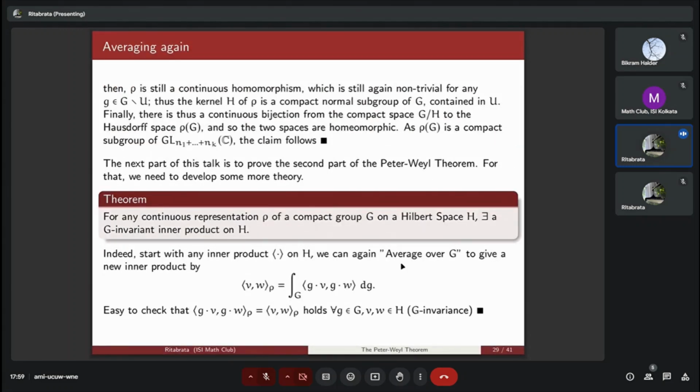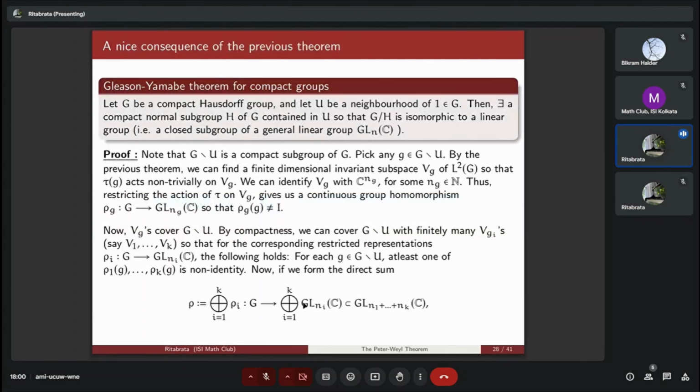Then this is still a continuous homomorphism, because the direct sum of continuous maps is clearly continuous, and it is again non-trivial. Why? Because it is component-wise, and we have many components, and for each g in G difference U at least one of the components is not identity, so the whole resulting thing will also be non-identity.